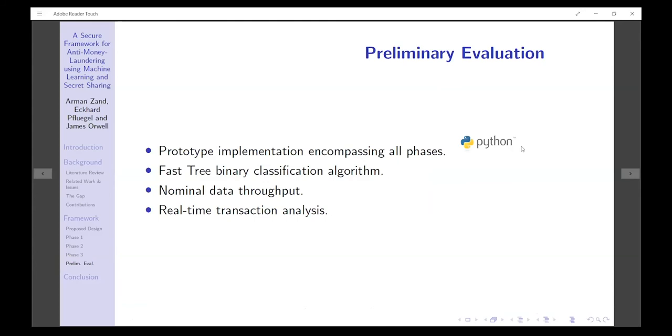So we did a preliminary evaluation, a prototype implementation in Python using all the different phases. That is, we used a FastTree binary classification algorithm, again just to determine the output labels, suspicious or not suspicious.